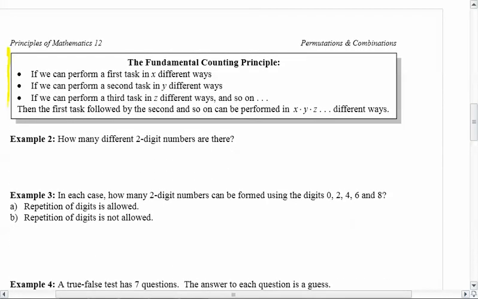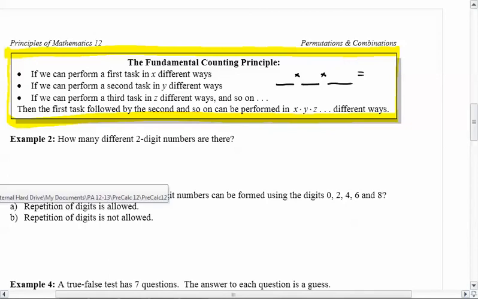So this principle is known as the fundamental counting principle. And that's just saying that you draw a line for each of the different possibilities. You multiply all of those numbers together. It gives you the total number of different ways.